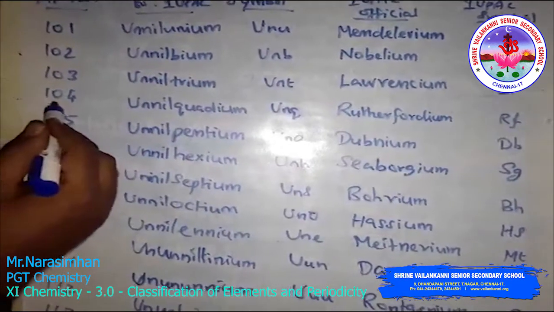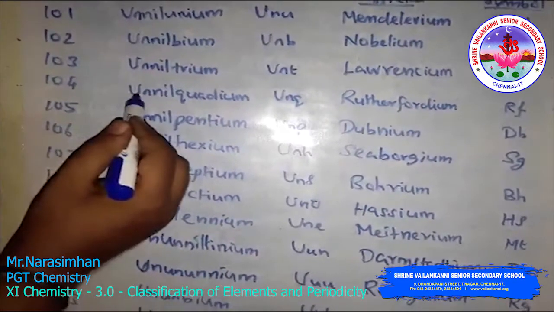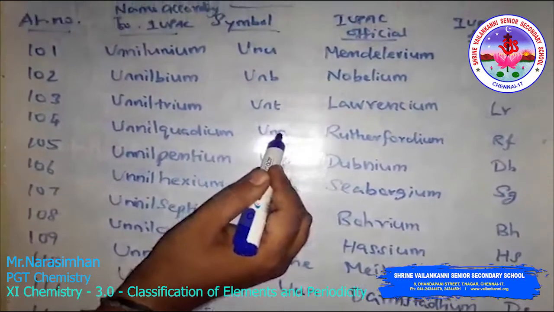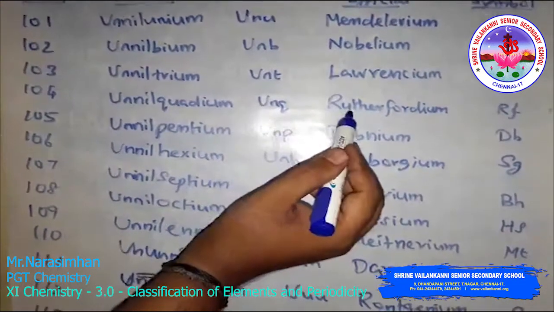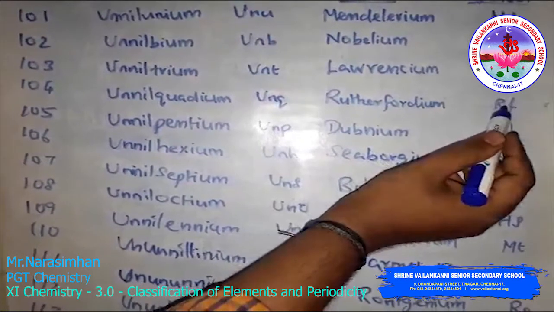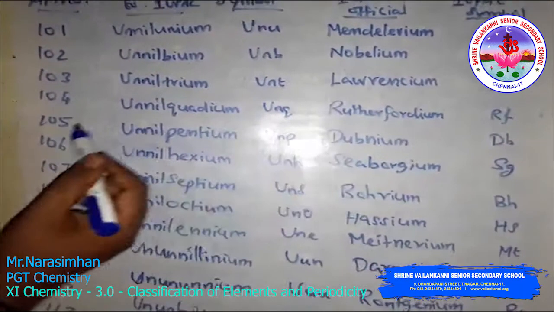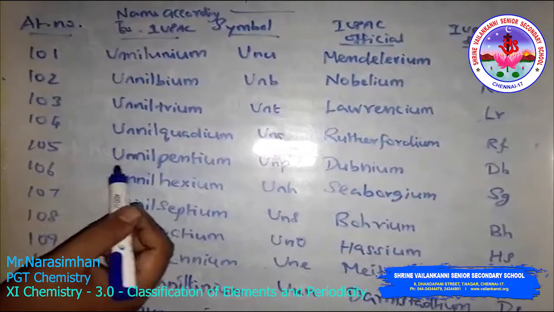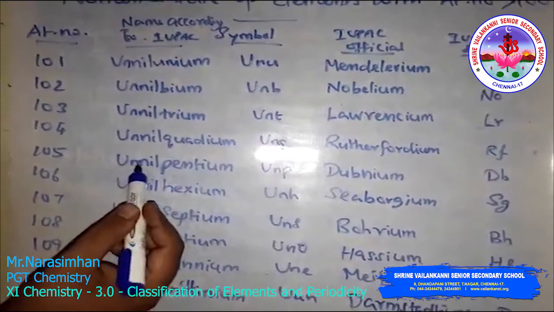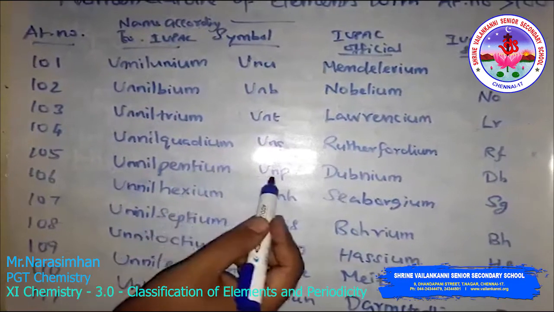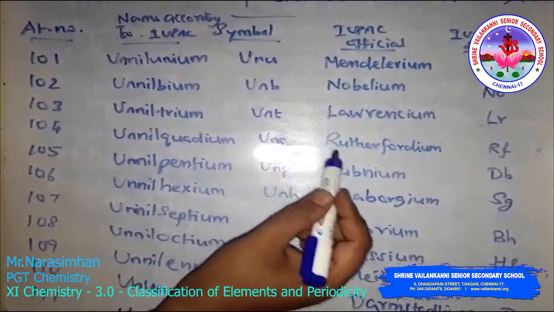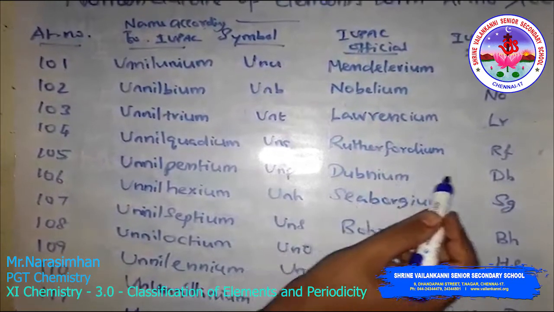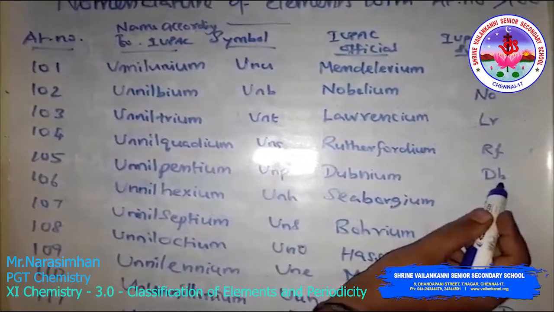The atomic number 104 is Unnilquadium, symbol is Unq, and the IUPAC official name is Rutherfordium, the symbol is Rf. Then atomic number 105, the nomenclature is Unnilpentium, Unp, and the IUPAC name is Dubnium, the symbol is Db.